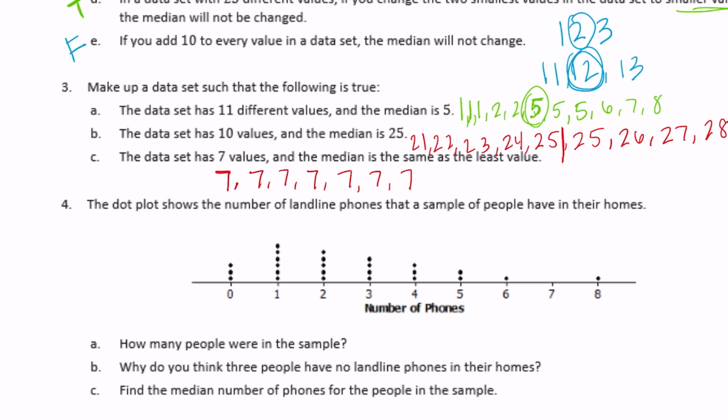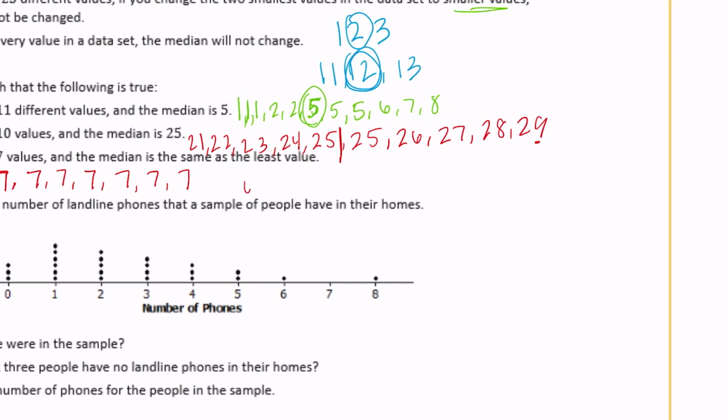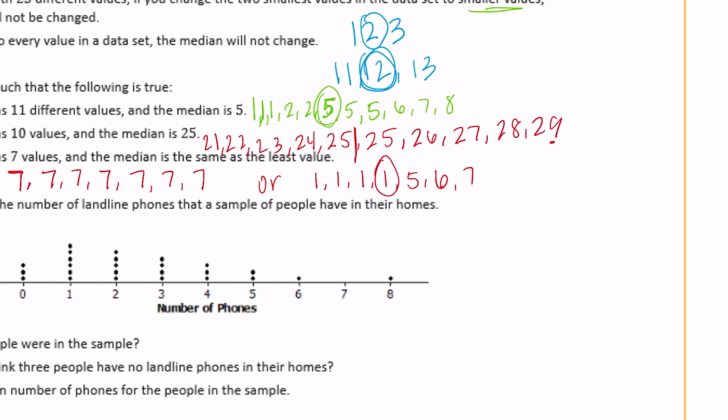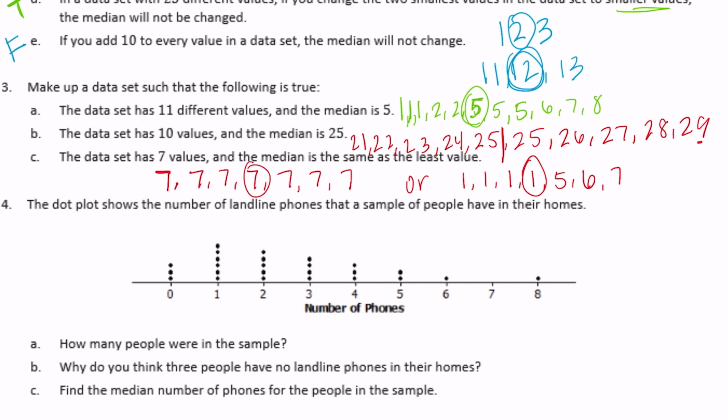So you could do something like that. Or if you don't want to do that, you could do 1, 1, 1, 1, as long as this fourth one is 1, and then you could do 5, 6, 7. So this is still the median, and it's 1, and it's the same as the least value. Or you could do everything the same, and it's still the same as the least value.